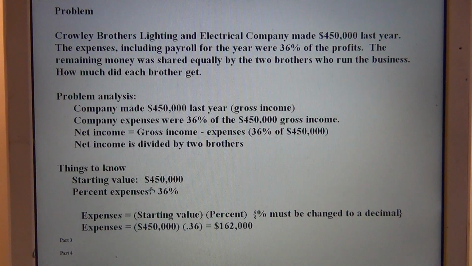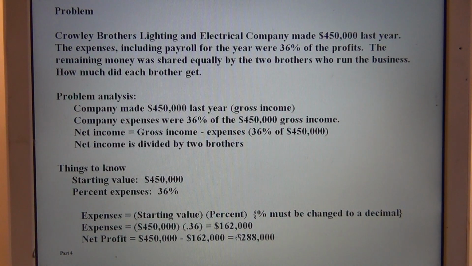They made a total of 450,000, but we have to take 162 subtracted from that because that's their expenses. So their net profit would be 450,000 minus 162,000, which gives us $288,000. So this is the actual money that they got after they paid their expenses and all their bills.